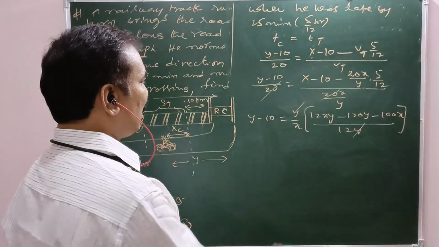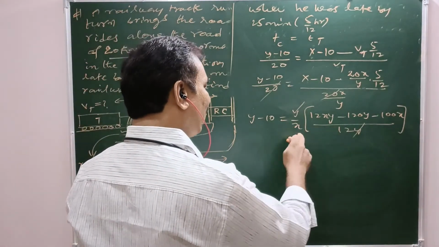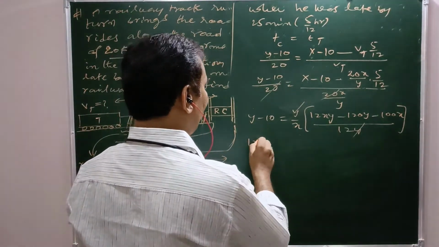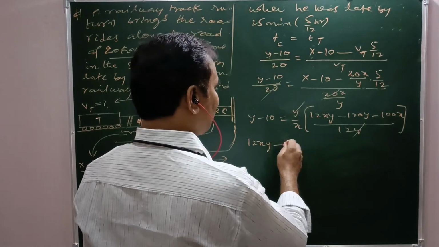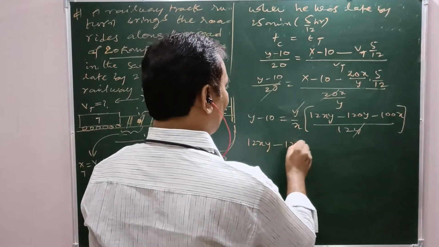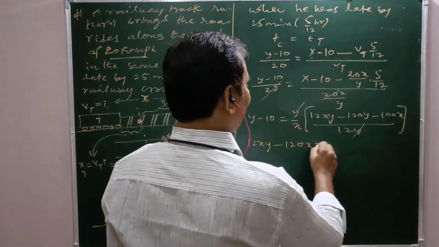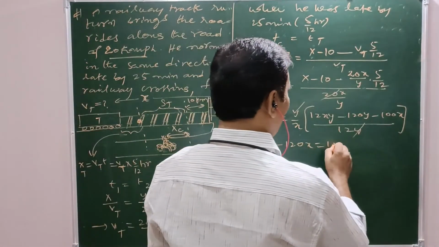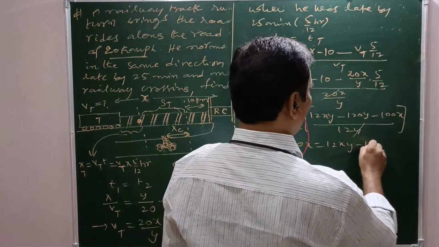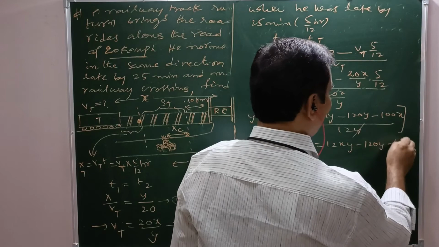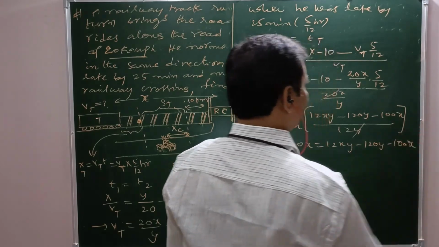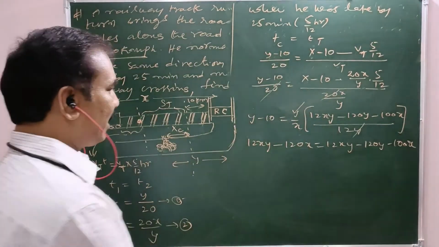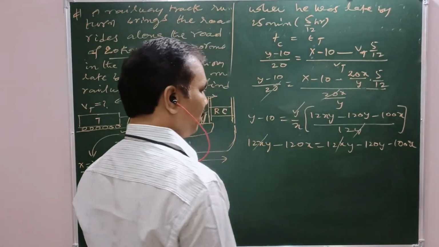We are left here with 12x into y, that is 12xy, minus 12x into 10, that is 120x, equal to 12xy minus 120y minus 100x. 12xy cancels, right?